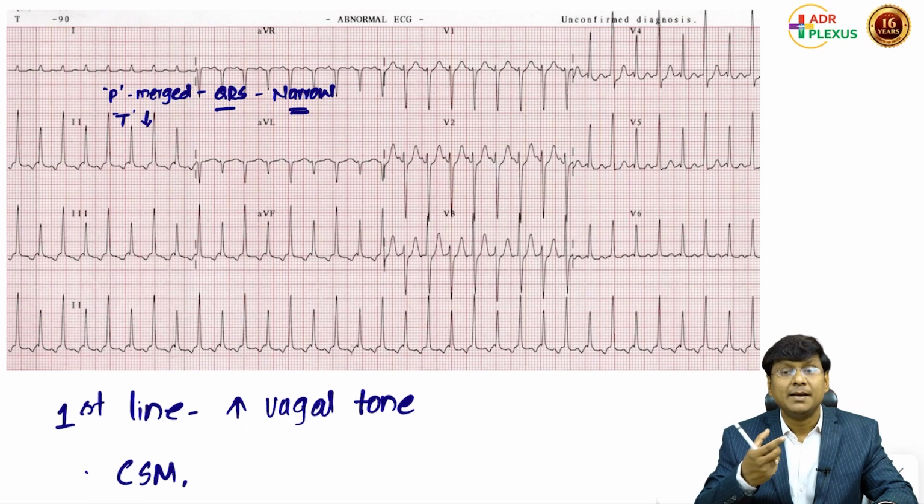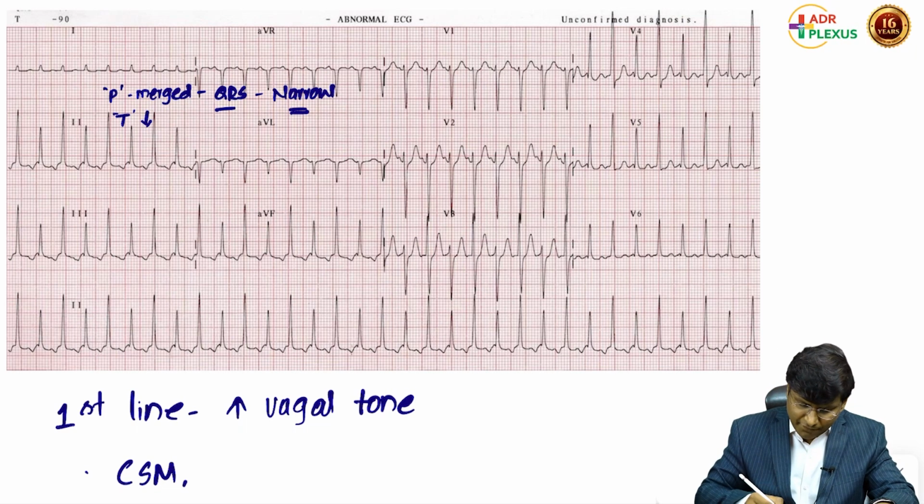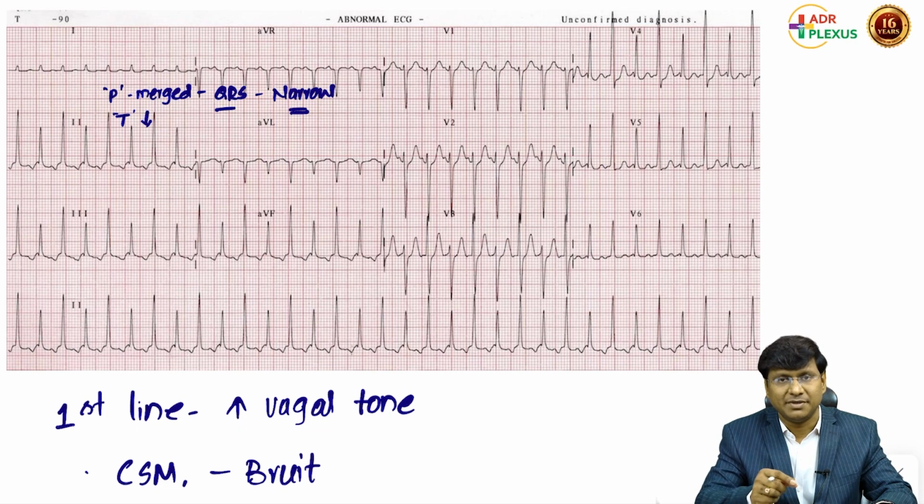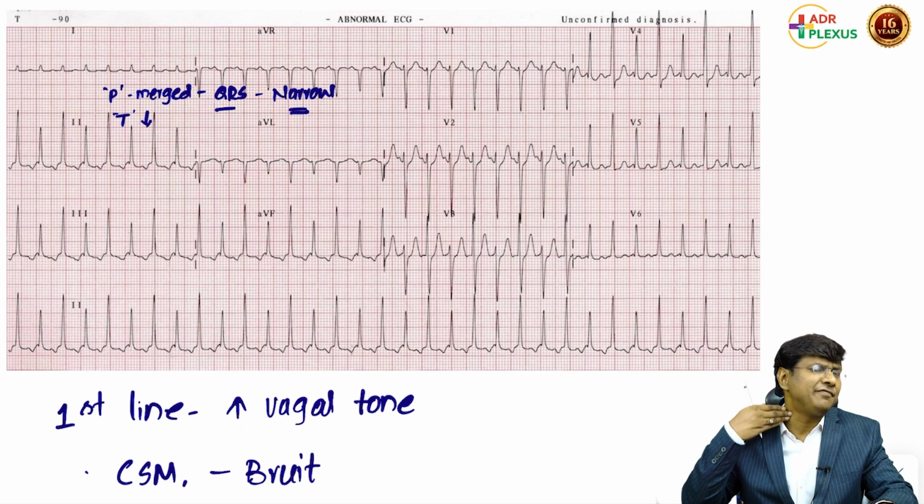But please remember, if there is a carotid bruit, before doing the carotid sinus massage you need to auscultate over the carotid, because a bruit means there is atherosclerosis. So if there is a carotid bruit, carotid sinus massage should be avoided. You need to apply a firm but gentle pressure, and massage is applied first over the right carotid sinus.